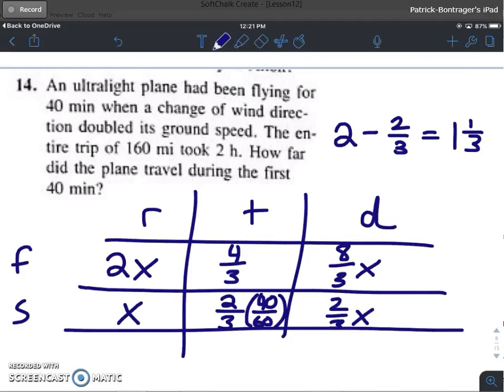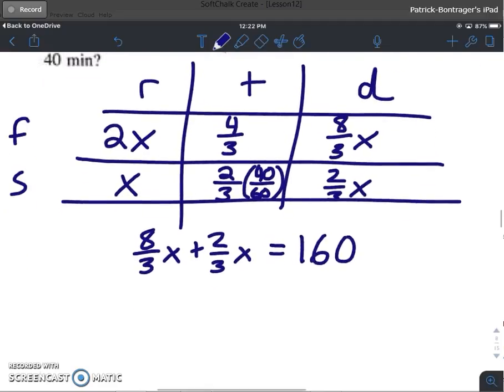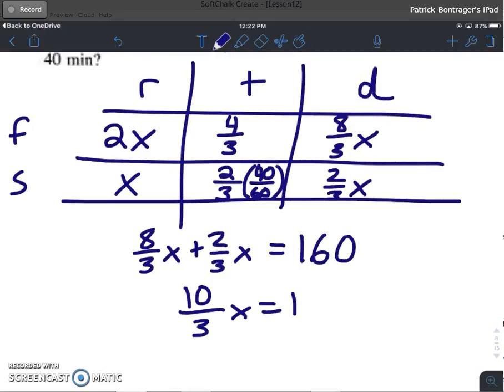Slow distance plus fast distance equals my total distance, and I need that to be 160 miles. So 8/3 x plus 2/3 x equals 160. When we combine like terms, we get 10/3 x equals 160. Divide by 10/3.